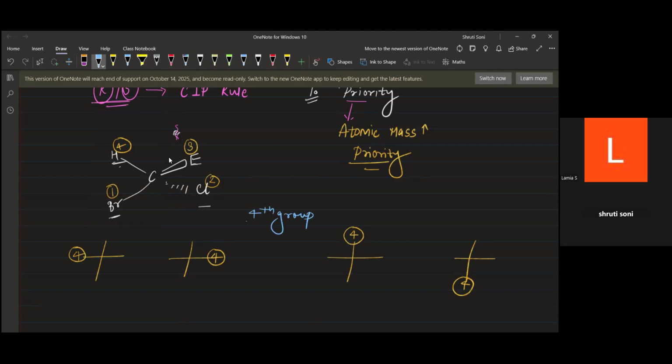There are only four possibilities for the fourth group to have a position in a Fischer form.